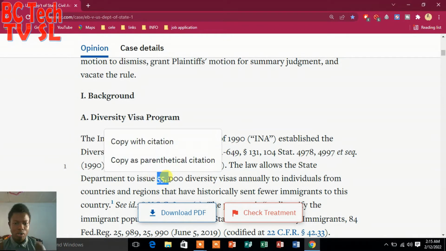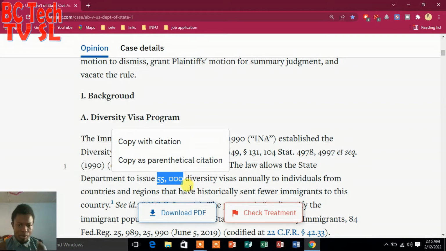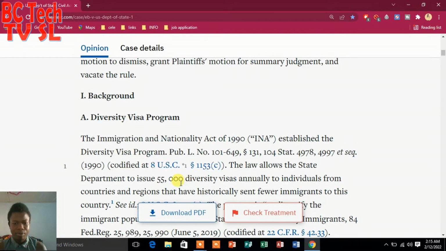Mind you, I will be releasing a video telling you about your case number. This is the amount of visas the United States issues to every person immigrating to the United States as a permanent resident through the DV.